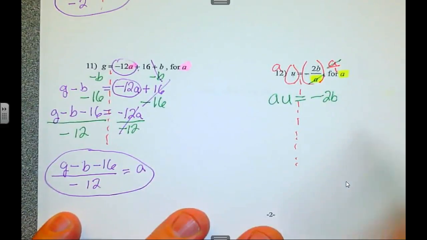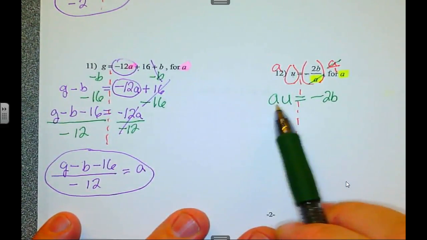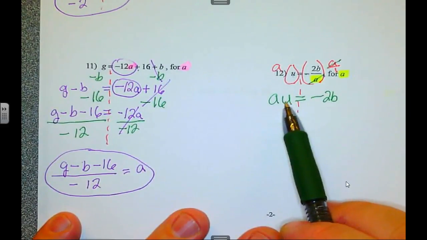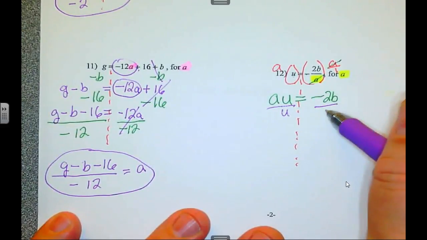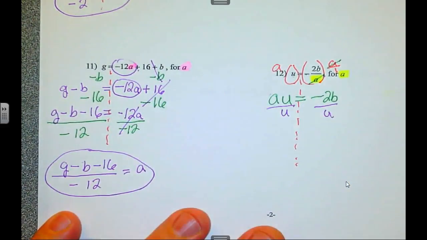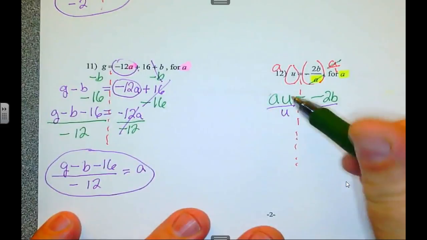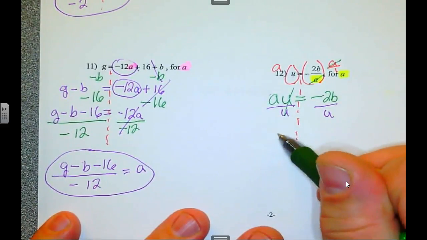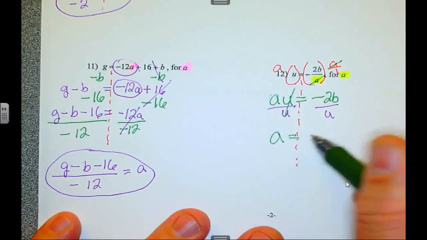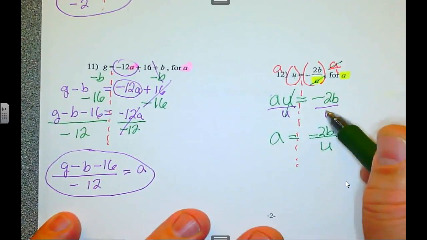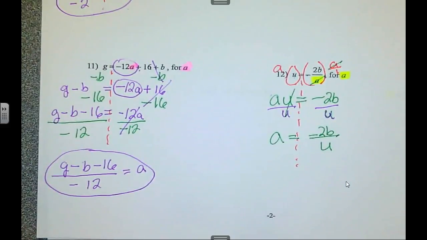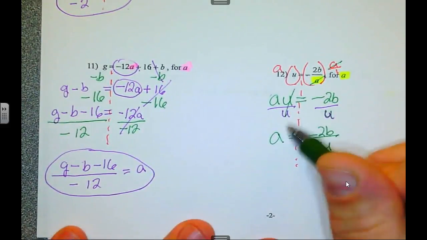Now I'm going to, instead of dividing by A, divide by U, because I want to get A by itself. So I have A equals negative 2B divided by U. I got A by itself. So I'm done.